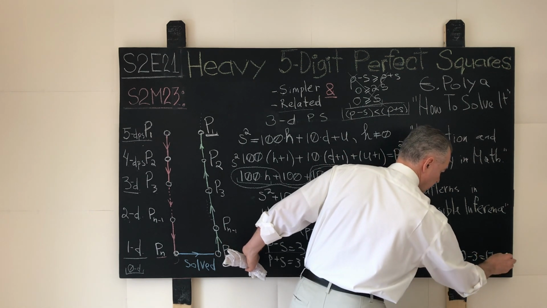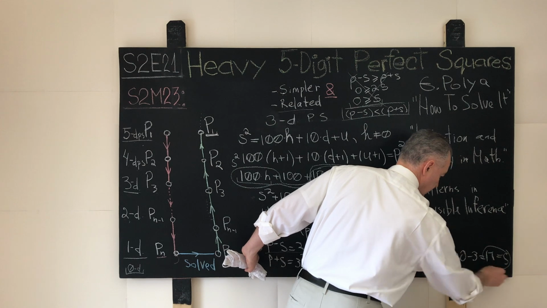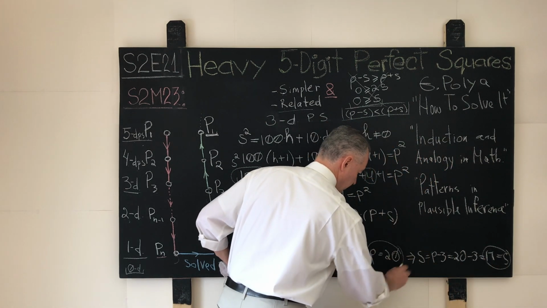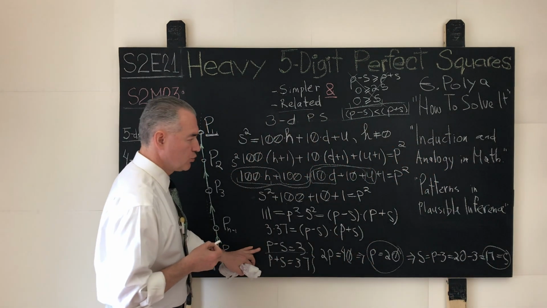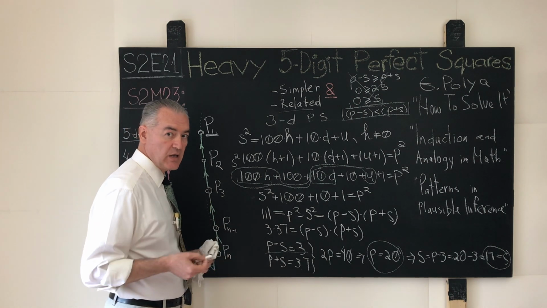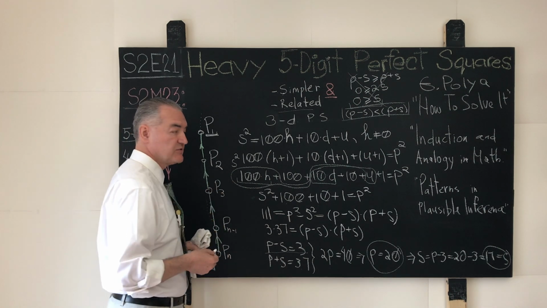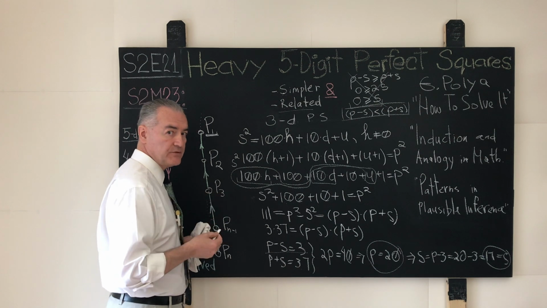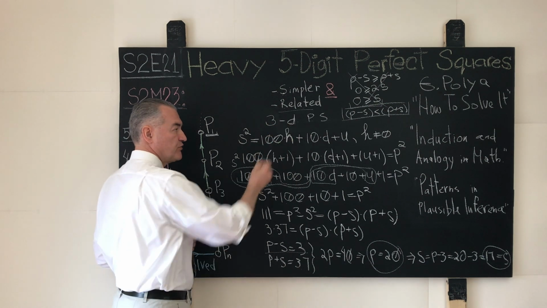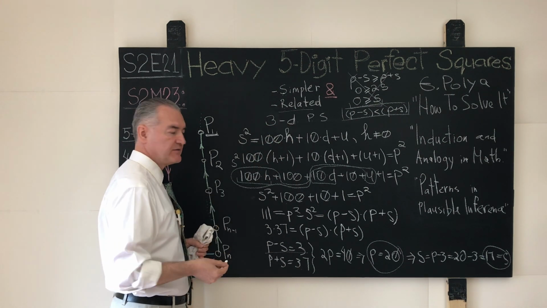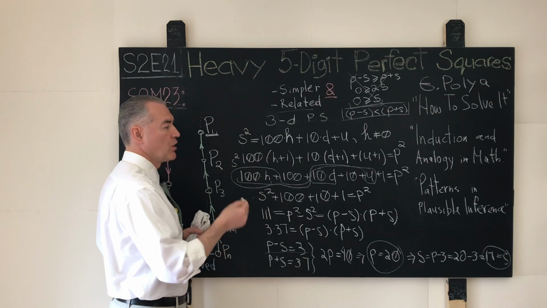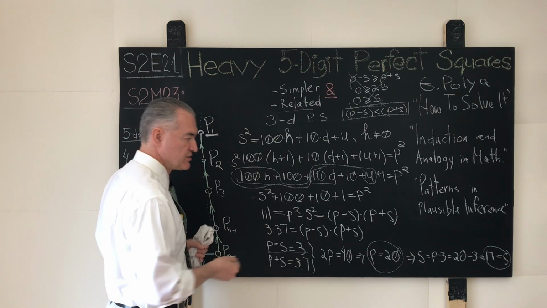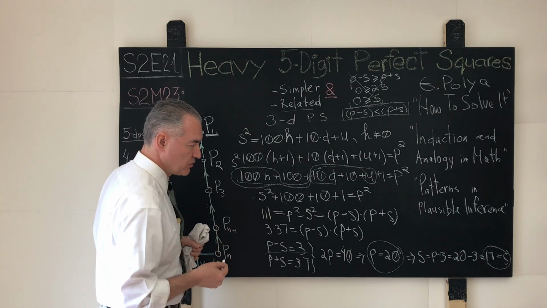This is our s, this is our p. And what do we do now? Again, we claim that the solution of this problem is the following. There exists only one three-digit perfect square of a whole non-negative number, such that if 1 is added to each and every digit of that square, yet another square results.